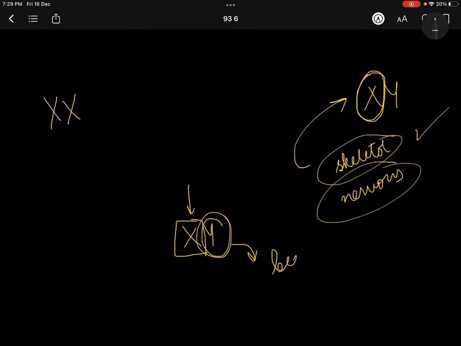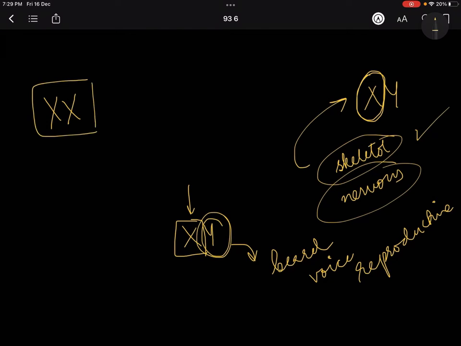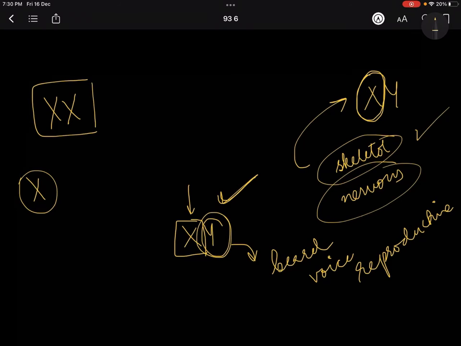For example, they'll have more beard, ठीक है, their voice will become a little deep, ठीक है, then their reproductive functioning of the body, these are the genes that are encoded on the Y, and no very major bodily functions are encoded on the Y. That means even if there is a female, only one X is fine for the functioning of the body, right? Because as it is, male में भी तो there is only one X, and their skeletal nervous system, everything is working, right? So one X is fine.